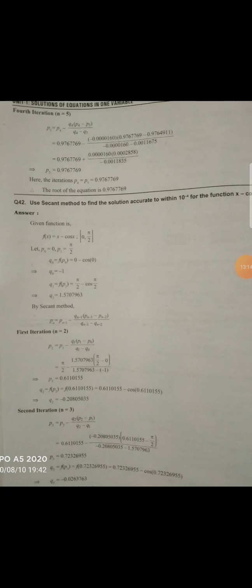Next problem. Use the secant method to find the solution accurate to within 10 power minus 4 for the function x minus cos x equals 0 in the closed interval 0 comma 5 by 2.